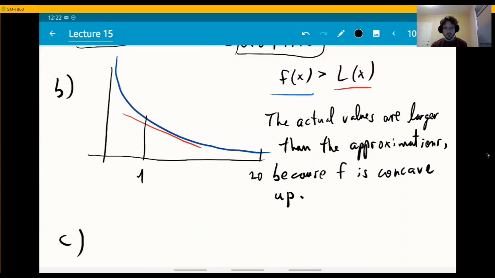The answer here now connects us to the previous slide where we said the shape of the graph determines if the approximation is good or not. Not only how close the number x and the number a are, but also the shape of the graph. In this particular case, the number 20 is way large.